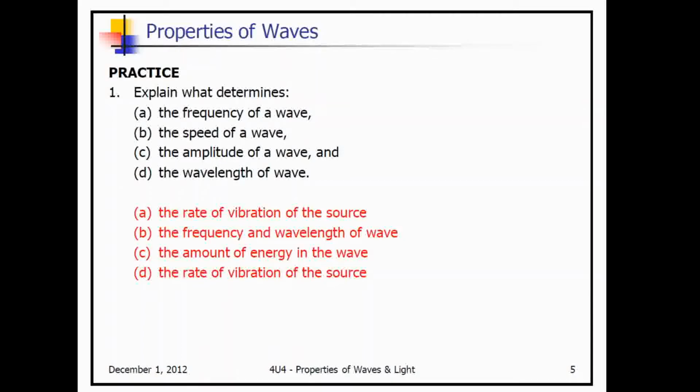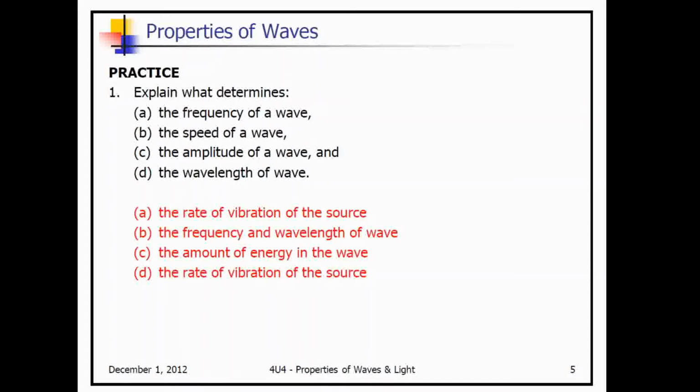The amplitude of a wave is the amount of energy in the wave. If you're dropping a rock into a calm pool of water, and I drop a pebble, I'll have a very small initial disturbance, so a small amount of energy transfers. If I drop an entire boulder, the water would shoot up, and very large wave fronts would develop.